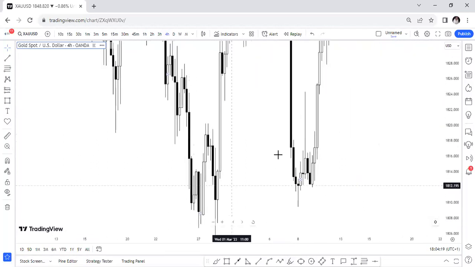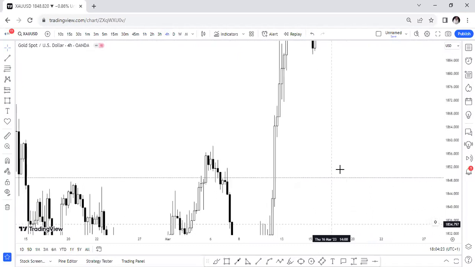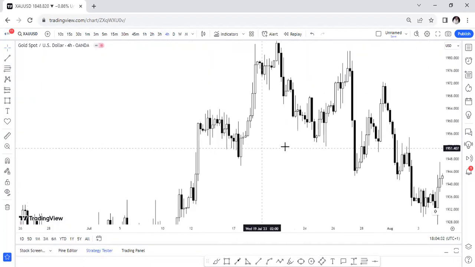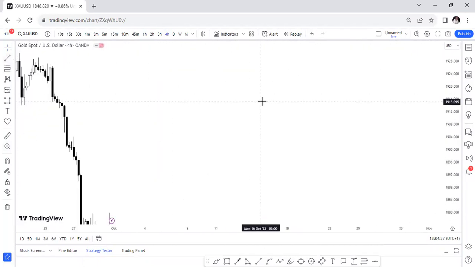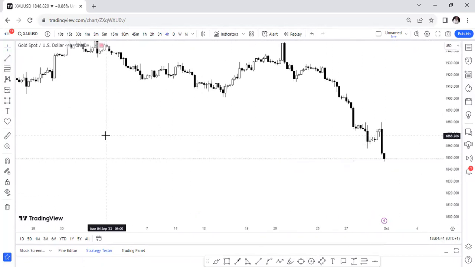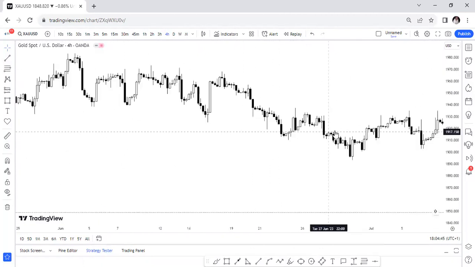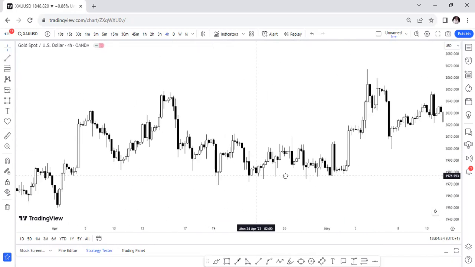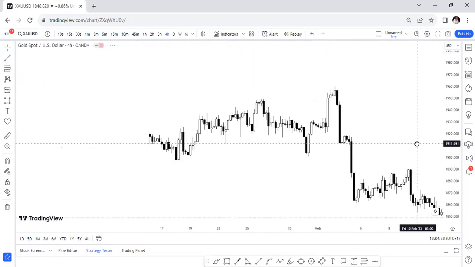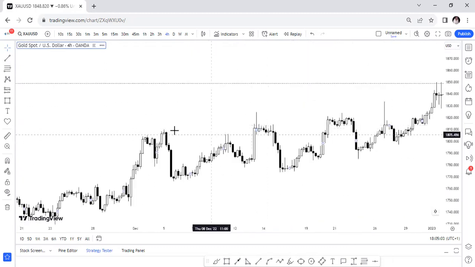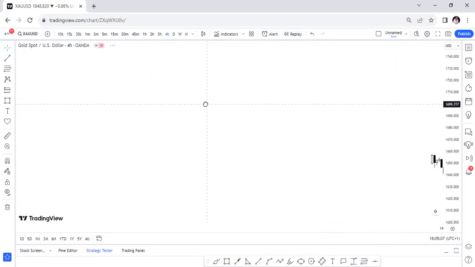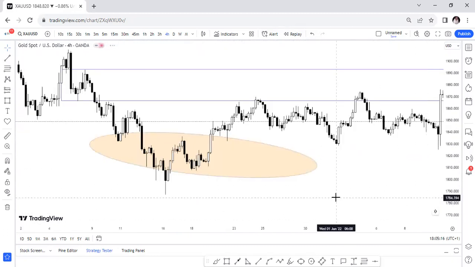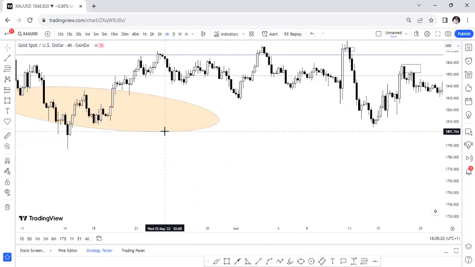Where is this now? So let's look for the closer one so that we don't have to go back that far.